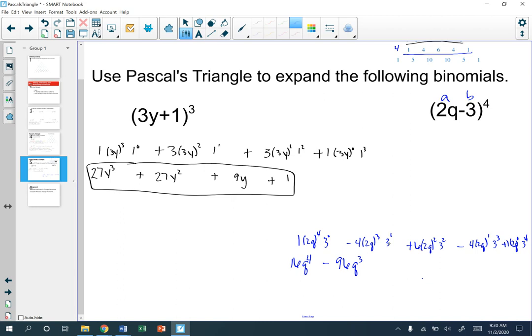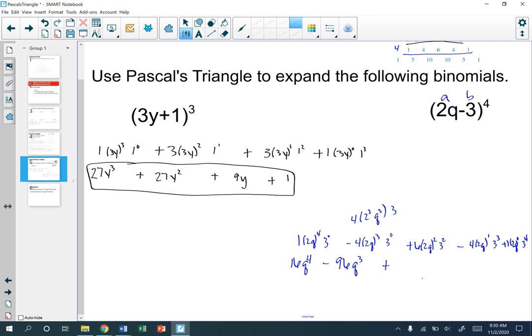Don't forget to multiply by that 3 here, because 3 to the 1 is 3. So what I did to get that 96, I have 4 times 2 cubed q cubed times 3 to get me the 96q cubed.